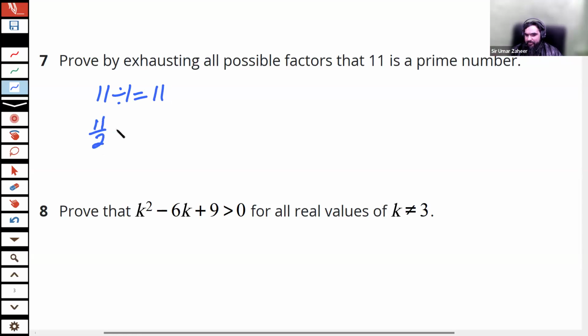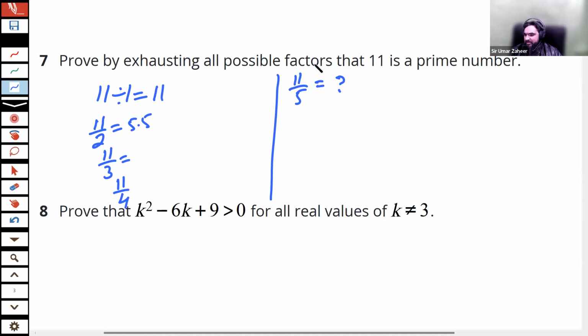11 divided by 2 is 5.5, it is not divisible. 11 divided by 3 is not divisible. 11 divided by 4 is not divisible. 11 divided by 5 is not divisible.